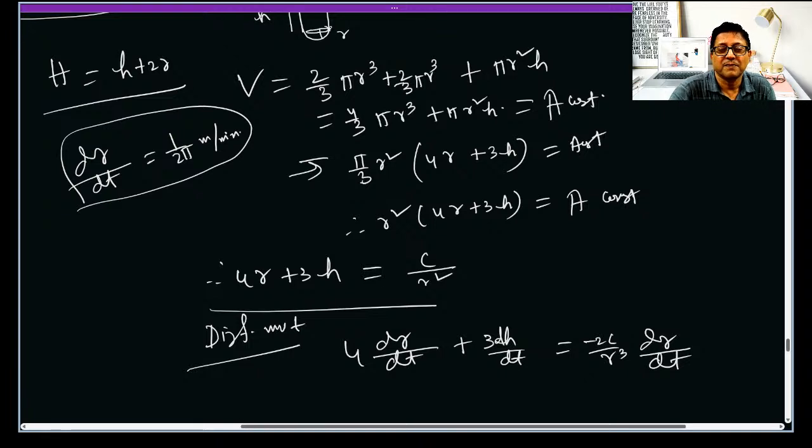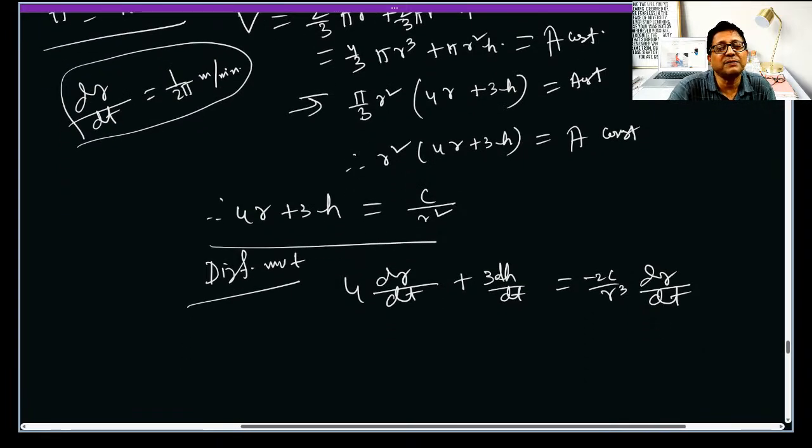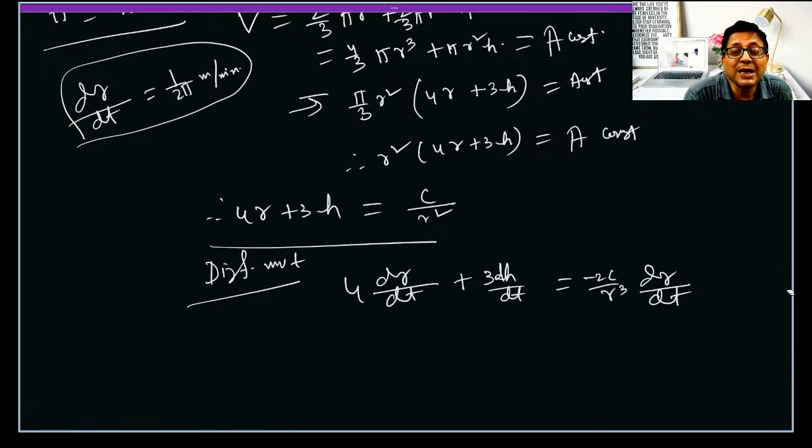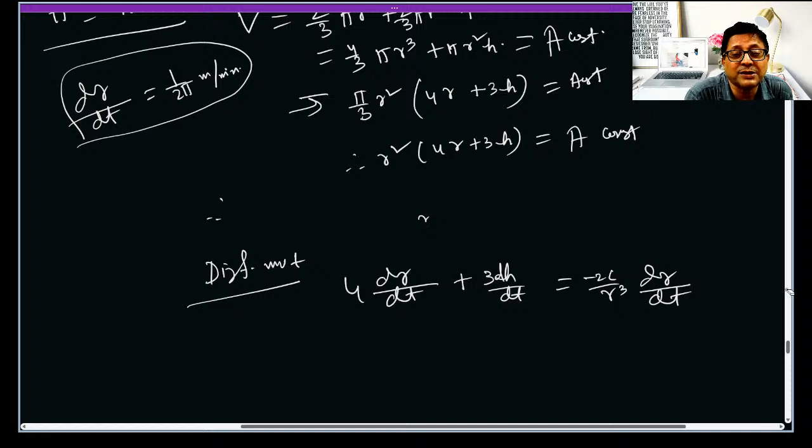It's all right. It's very easy to find because dr by dt you know. But a problem is there. Problem that c we don't know. So my suggestion, you change your technique.